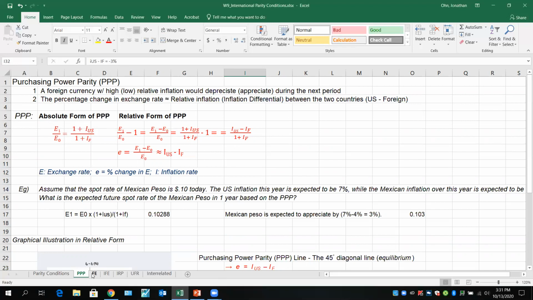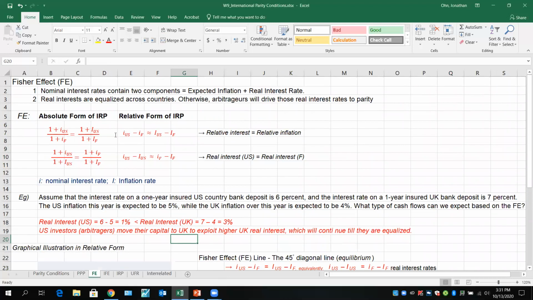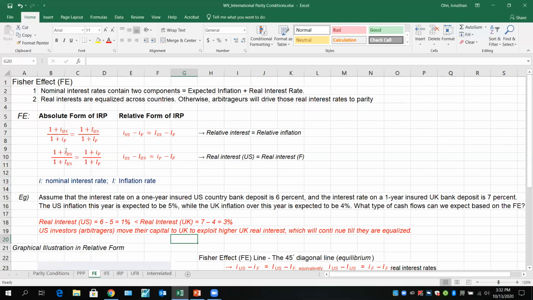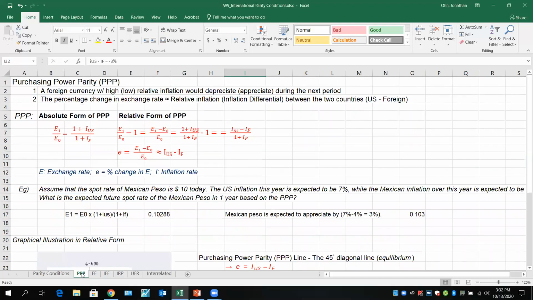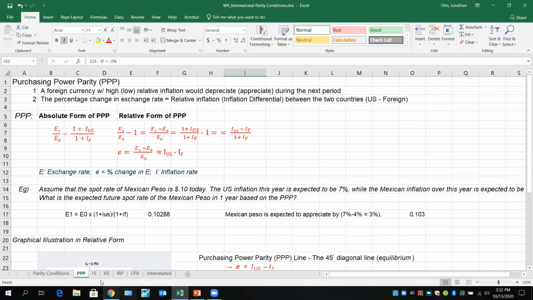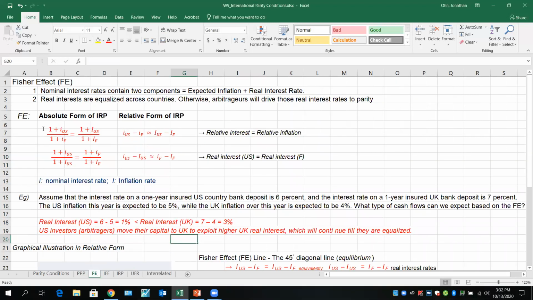If you look at the Fisher effect, 1 plus I US over 1 plus I F is equal to this one here.